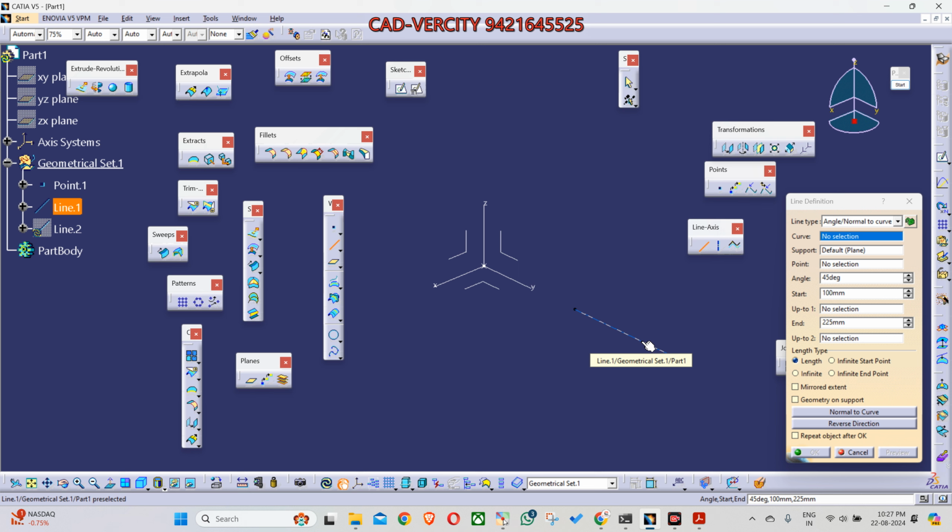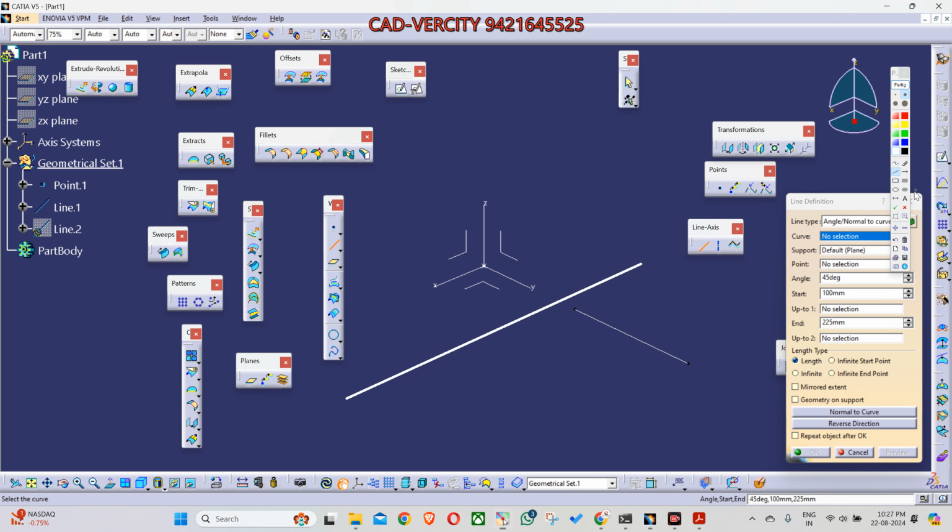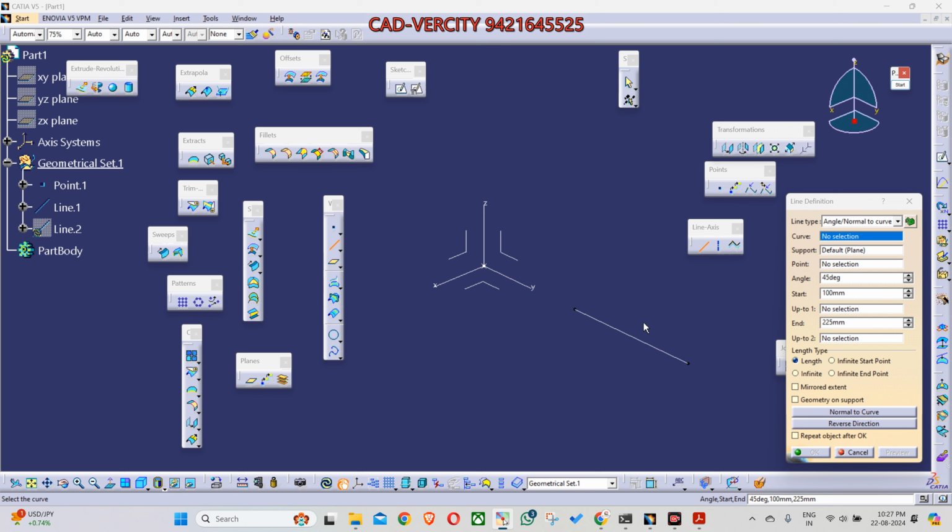Is it a curve? Curve can be anything. Curve can be a straight line. Curve can be a spline curve, like this or like this. Agree? Yes, sir.